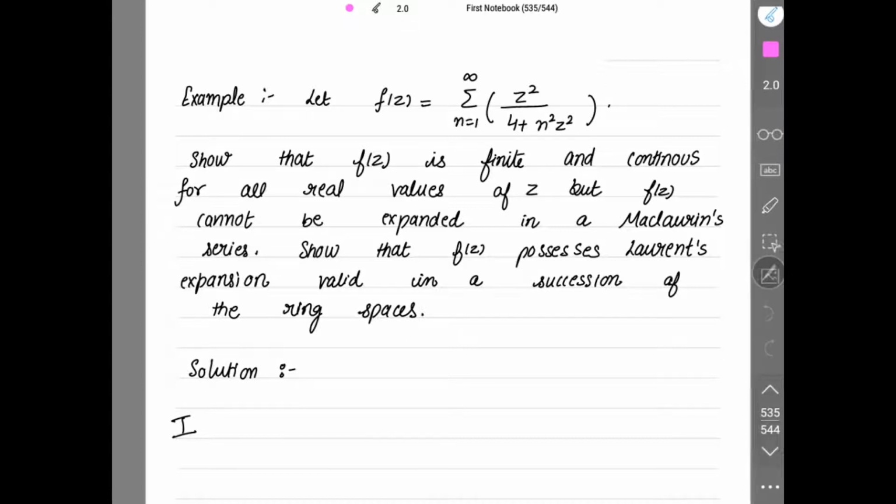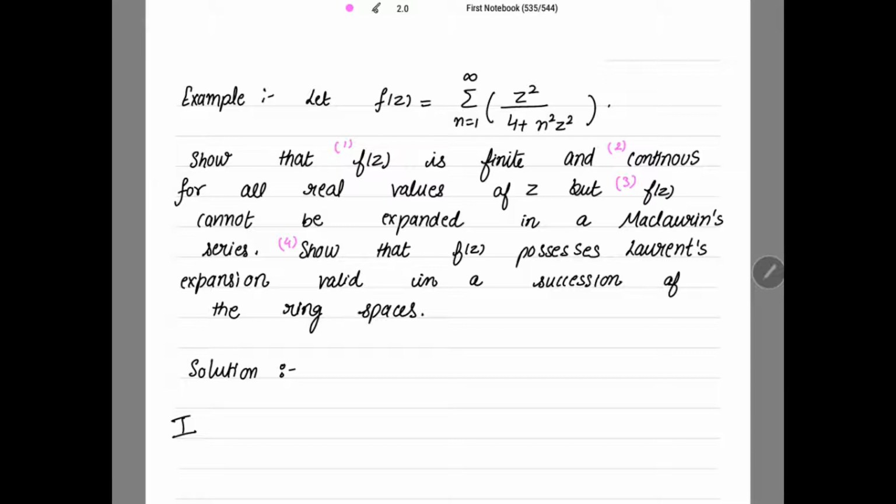Third, f(z) cannot be expanded in a Maclaurin series. Fourth, show that f(z) possesses a Laurent expansion valid in a succession of ring spaces. So these four things we have to show.